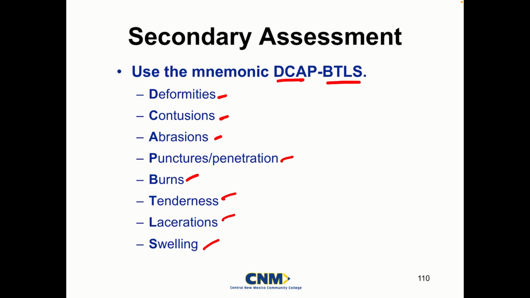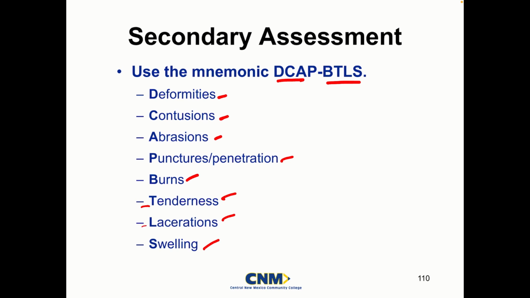Tenderness is not necessarily something you visually will see, but it's when you're palpating the patient, you're touching their physical body to elicit pain in areas where it's tender. This is something you're going to find as you actually palpate the body. So when we do a thorough head to toe, we will palpate the entire body as we go through each region. And so if we note that the patient has pain or winces or is tender somewhere, we're going to chart that and think of its relevance to our patient's underlying condition.